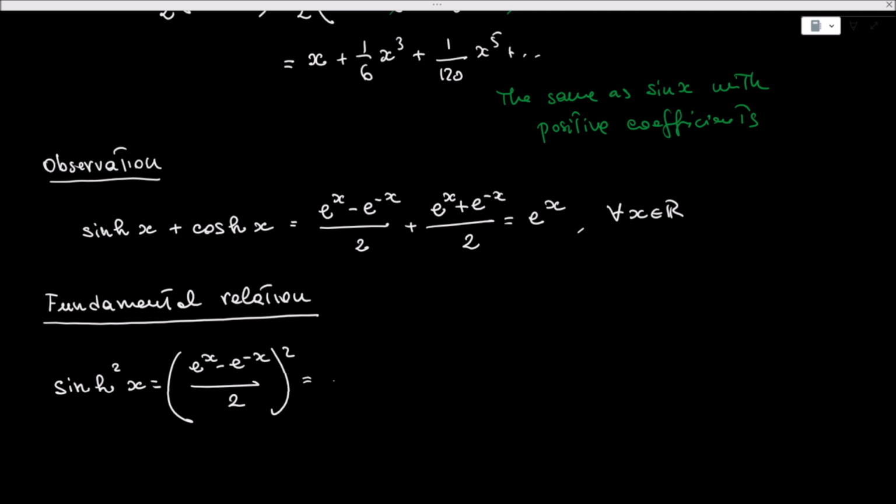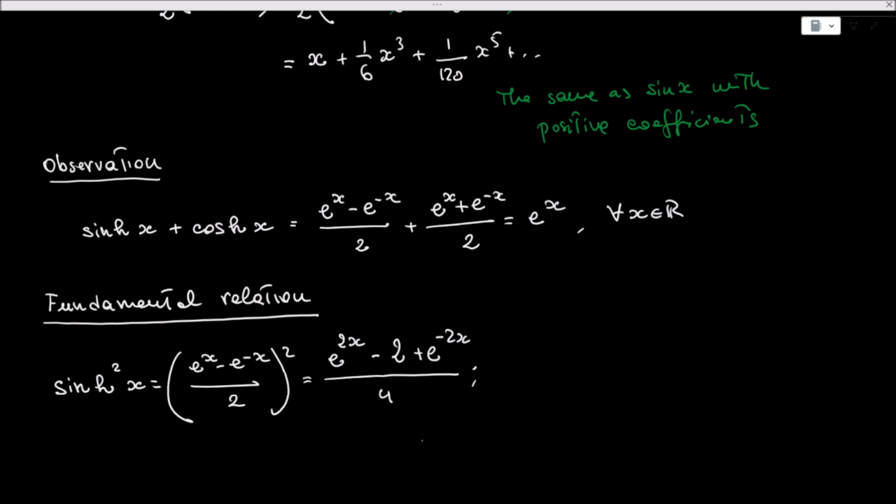Well, if we take the squares of the numerator and denominator, we have 4 at the denominator, and we have e to the 2x minus 2 plus e to the minus 2x, right?